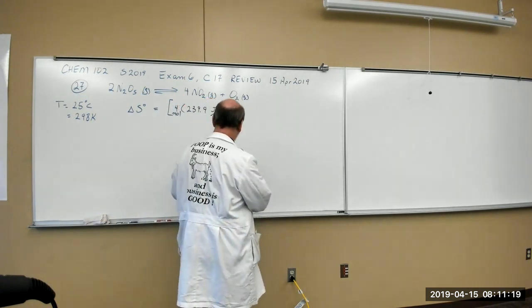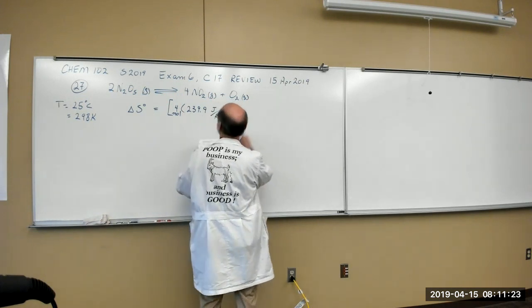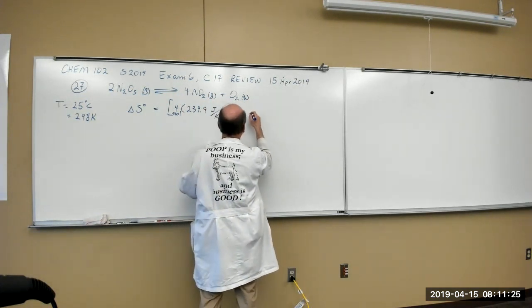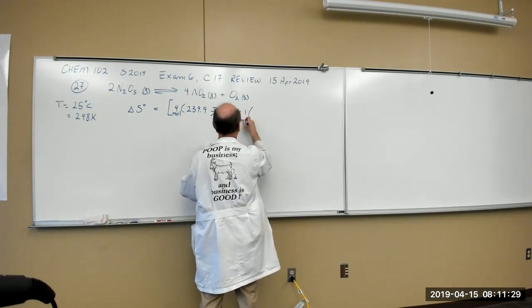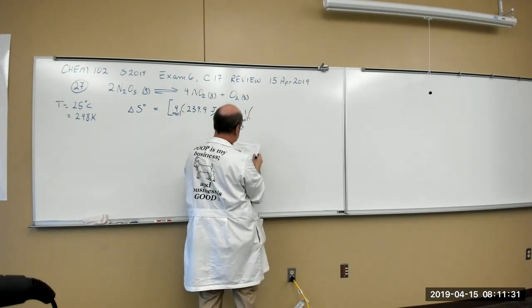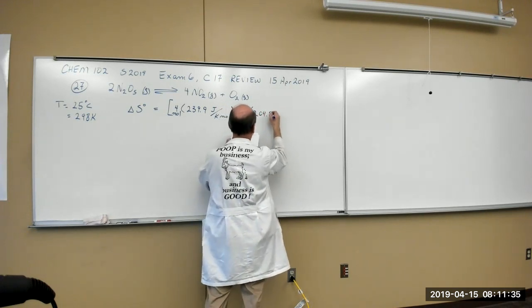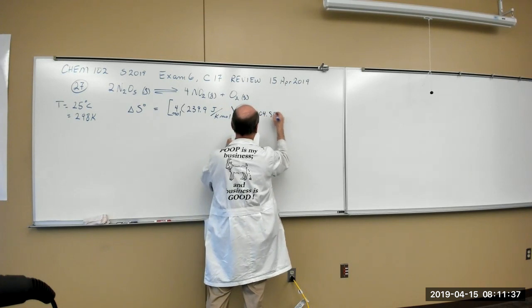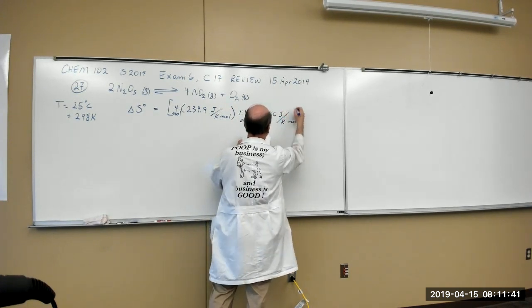But entropies always have a value. Then we want to add the oxygen, which is 1 mole of oxygen and its value, joules per K mole.